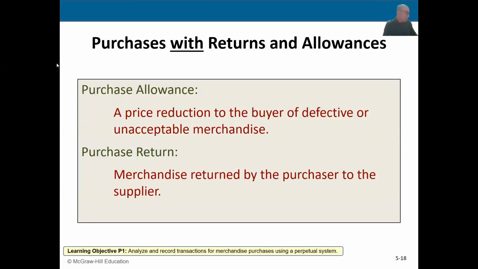Now, let's make it a little bit more complex, a little bit more interesting. Sometimes in business, especially in retail, let's say we're Macy's, we ordered a whole lot of designer t-shirts from our vendor. We purchase it for $5 a piece. We sell them for $50 a piece.